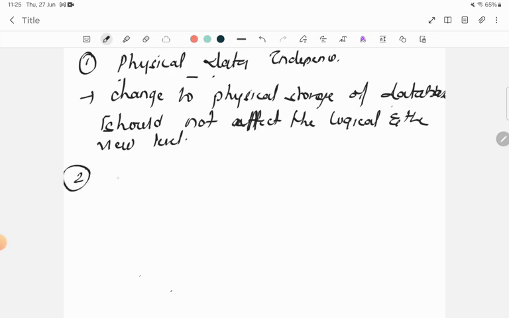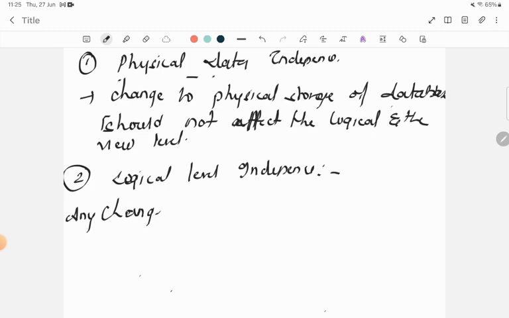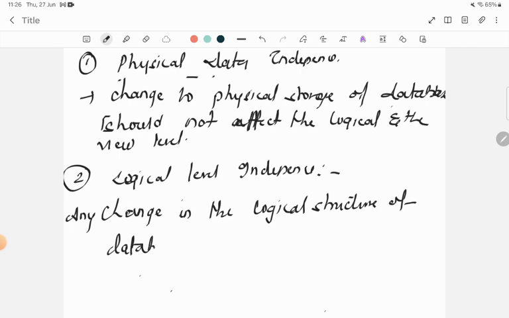The next kind of independence is logical level independence. It means that any change to the logical structure of the database should not affect the view level of the user. So what can be changed in the logical structure?